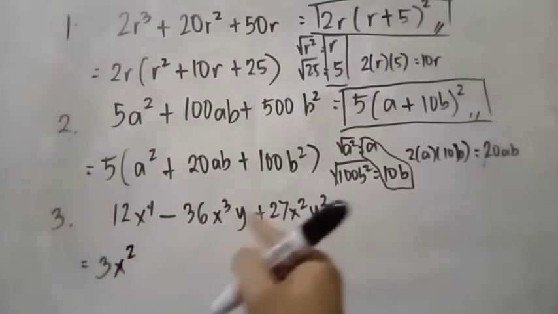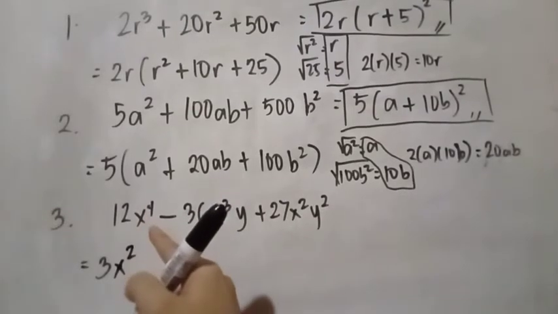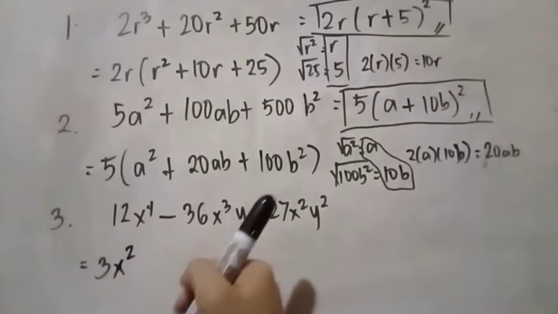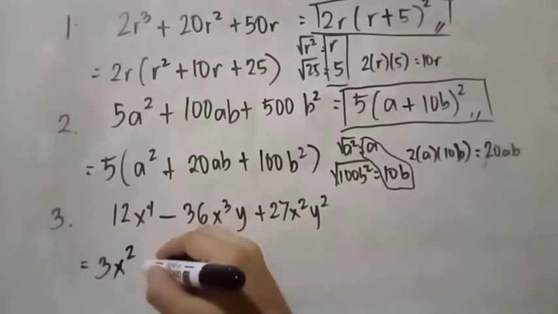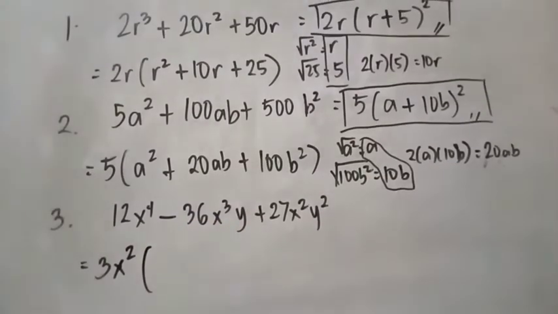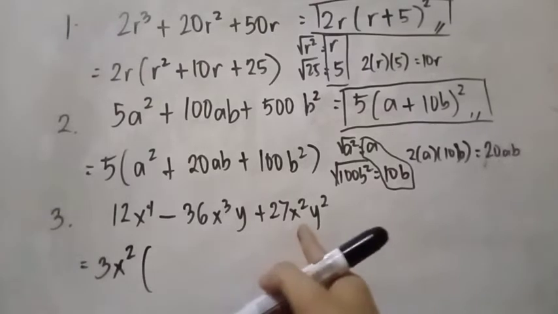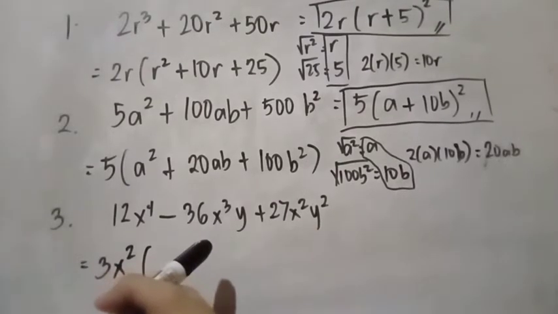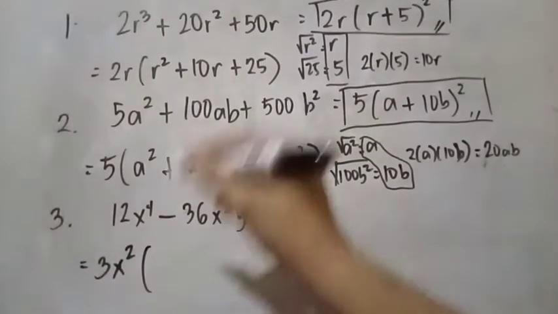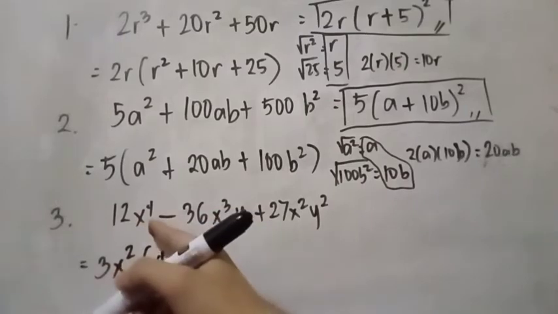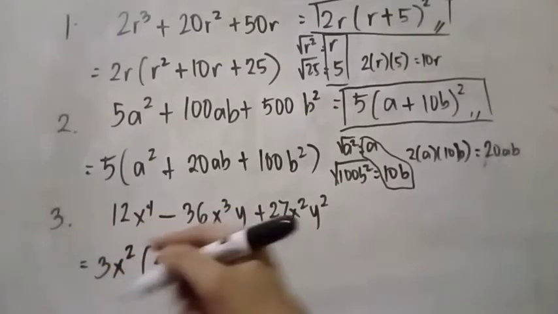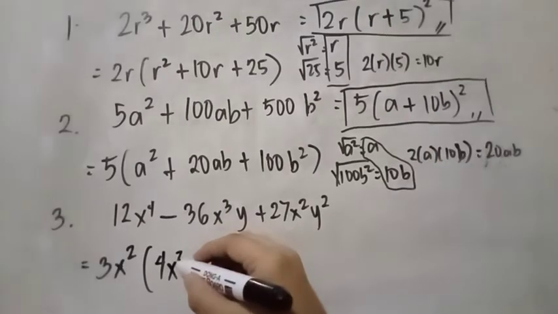Tapos sa y naman, walang y dito. So, there is no y here. Okay? So, 3x squared ang common factor natin. Tapos, i-divide natin to lahat sa 3x squared. So, 12 divided by 3 is 4. And x to the fourth, alisin mo ng dalawa, x squared.